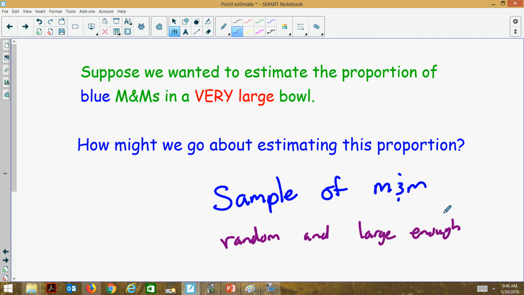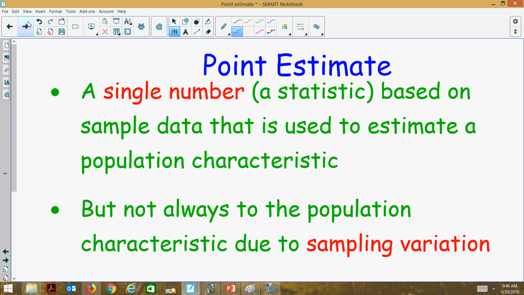When we take a sample, we're able to get the sample proportion of blue M&Ms, and from there we can draw a conclusion about the entire population of M&Ms. That sample proportion is called a point estimate.